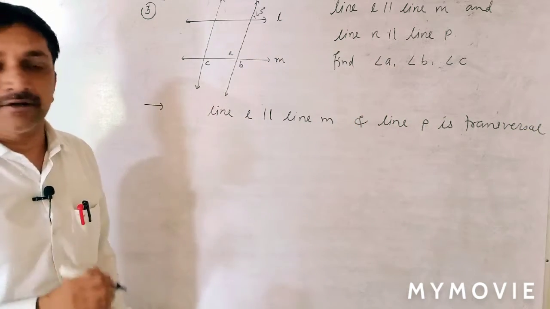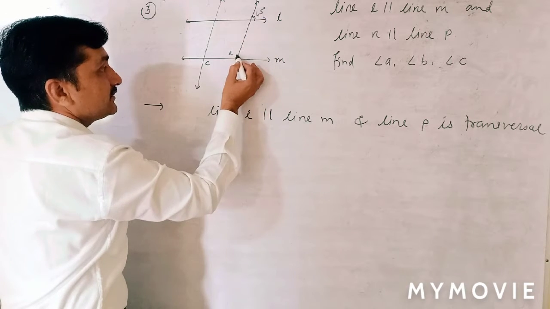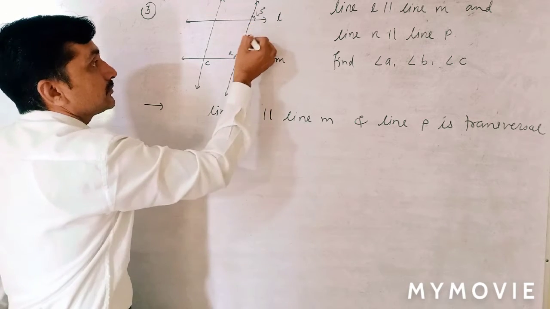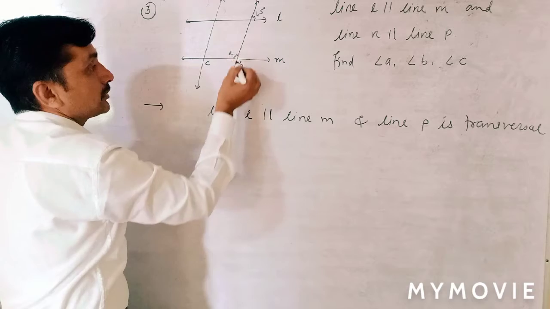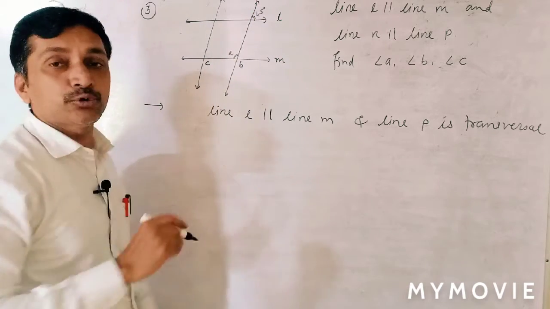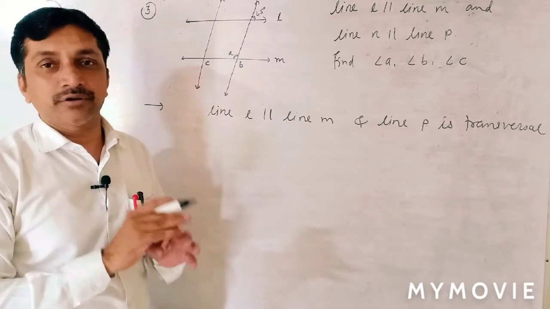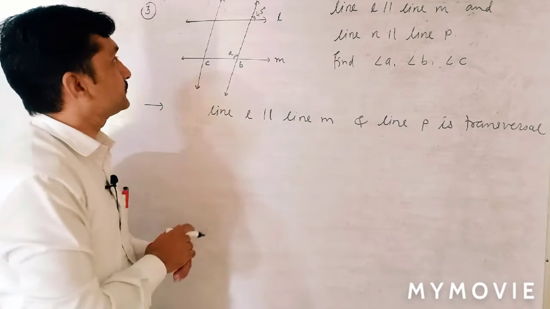If line P is taken as a transversal, then 45 and this A. Now here 45 and B or 45 and C, we have to see if there is any relation between them first. If we get a relation, then it is very easy.